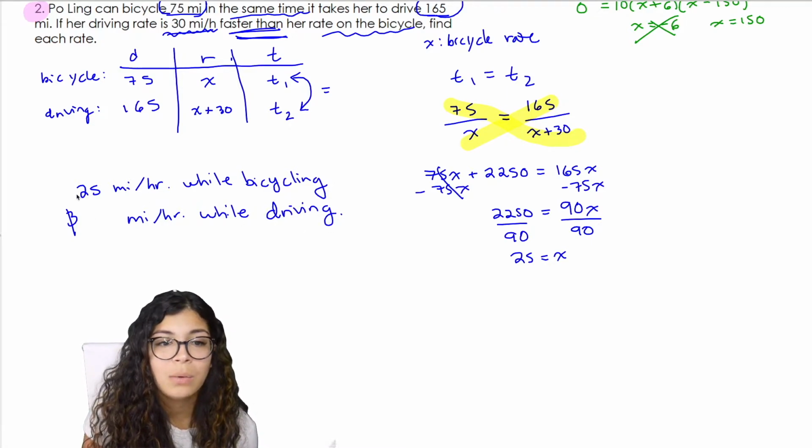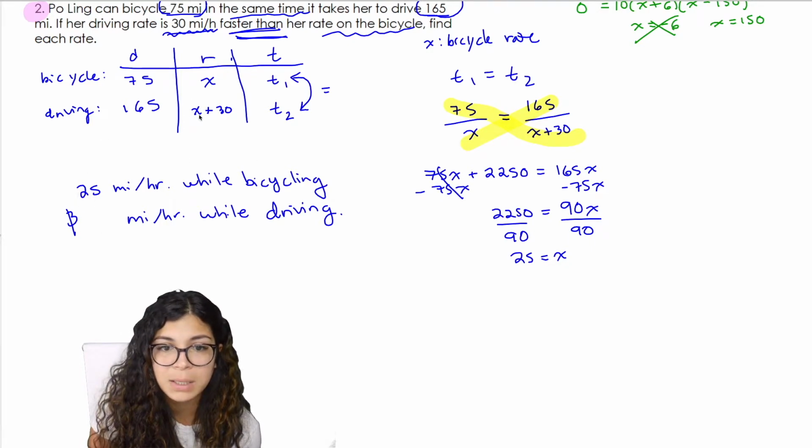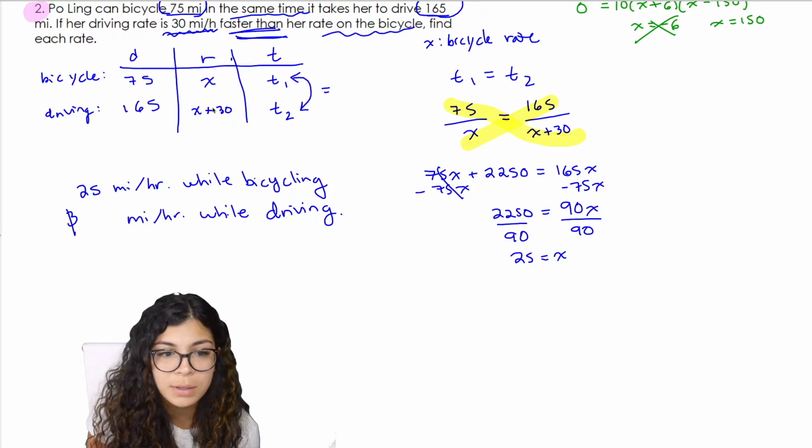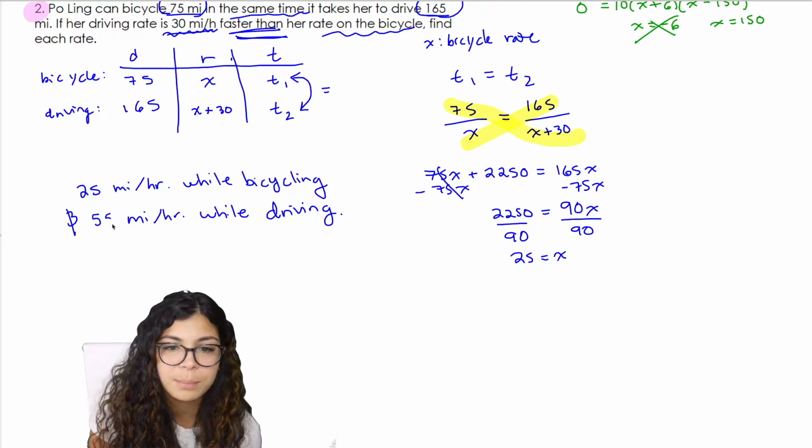So what is her rate driving? Well, her rate driving is whatever her rate bicycling is plus 30. So 25 plus 30 is 55.